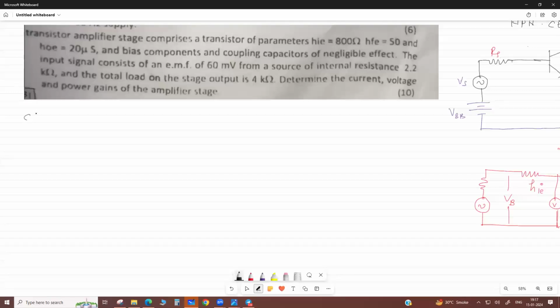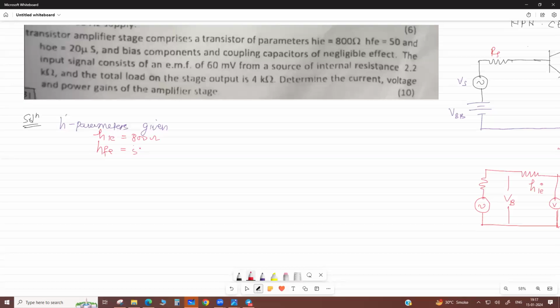So when we solve it, the H parameters given are: HFE is given. The first, HIE, the input hybrid parameter, is 800 ohm.